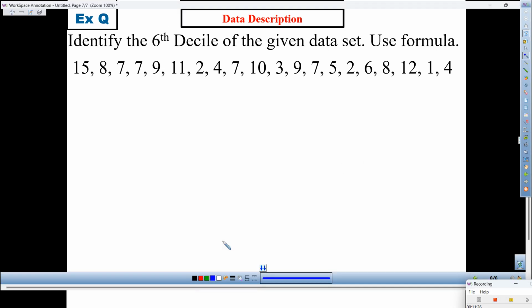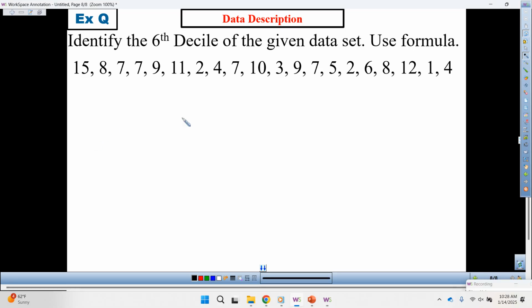Ascending order. All right, so we start with 1, 2 of them. You guys are writing this down?